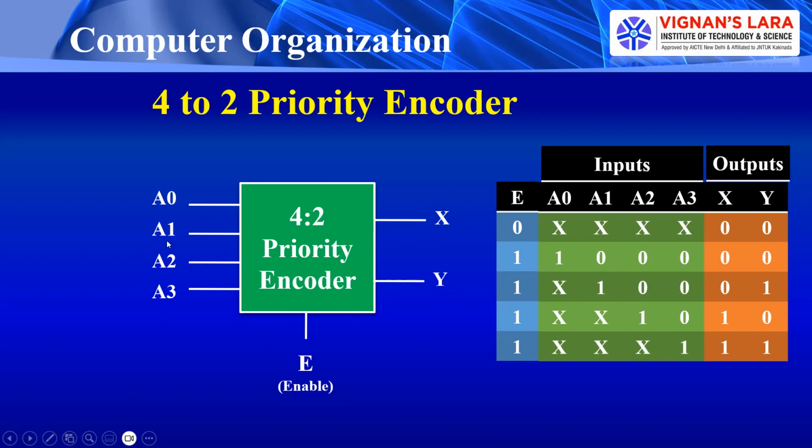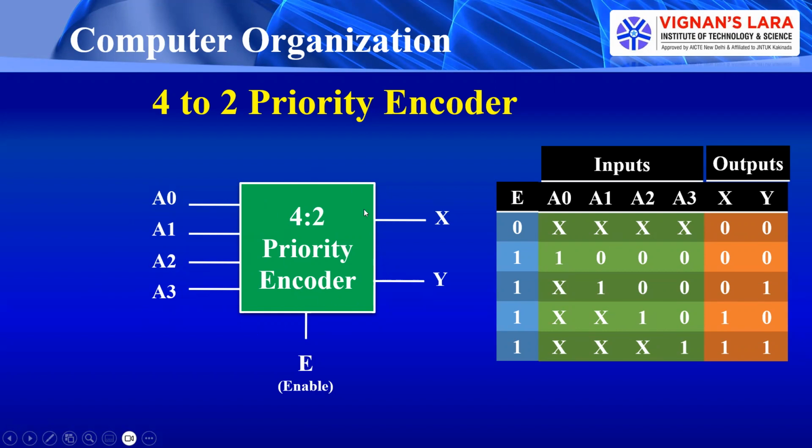Next, for A1 generation, A2 and A3 should be inactive because these have a higher priority. So A1 is 1, A2 and A3 should be 0. At that time the A0 value may be 1 or 0, meaning it may be active or inactive. But this encoder produces a code for only A1 because the priority of A1 is higher than A0, so we consider the A0 value as don't care.